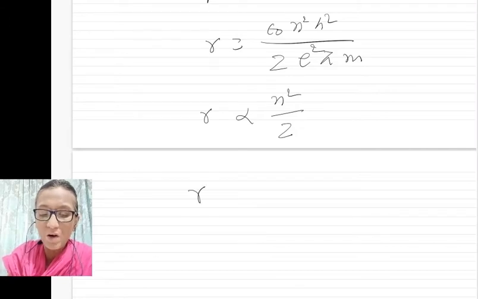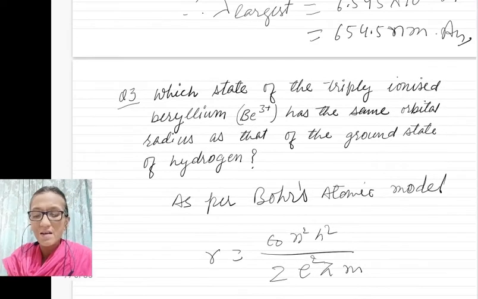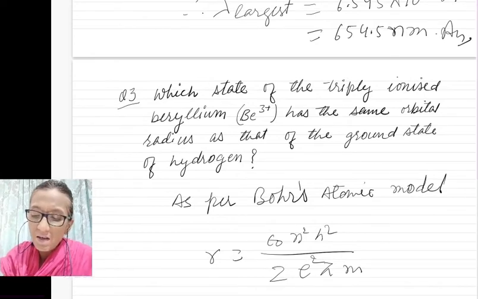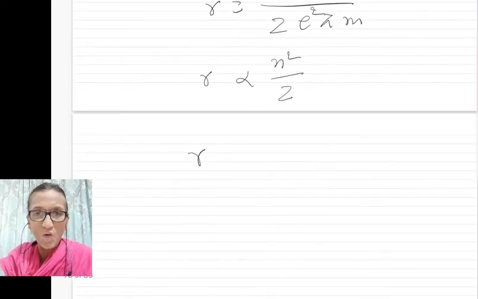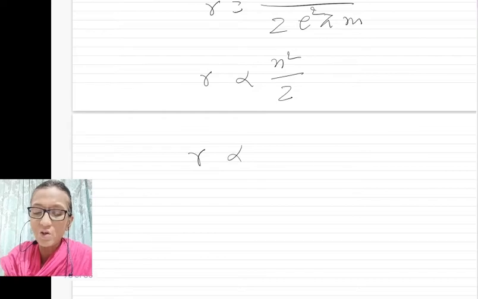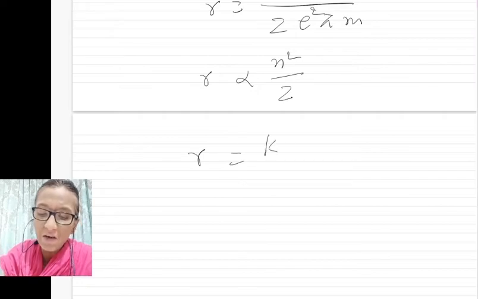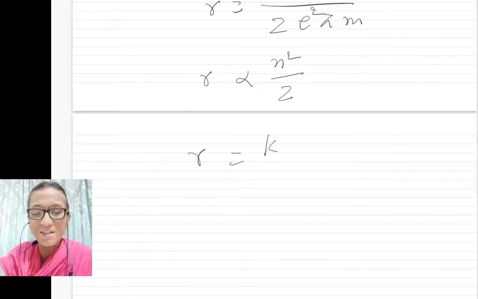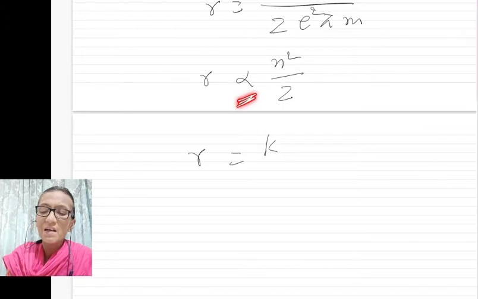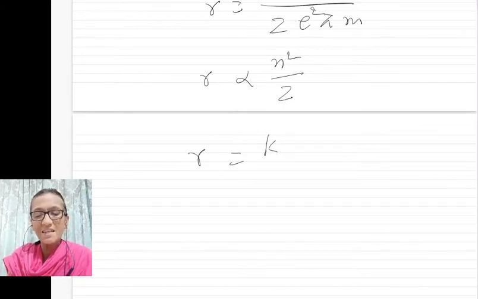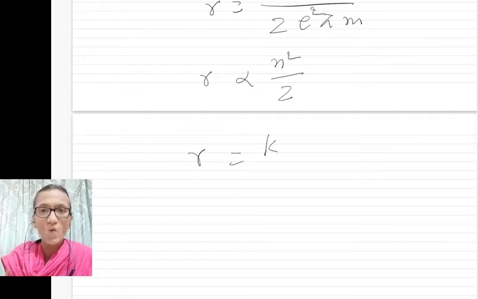therefore radius for hydrogen atom, for the ground state of hydrogen. So I am writing here for ground state and giving a constant. Suppose the constant is K. Instead of the proportionality sign in this equation, I have written here one constant.